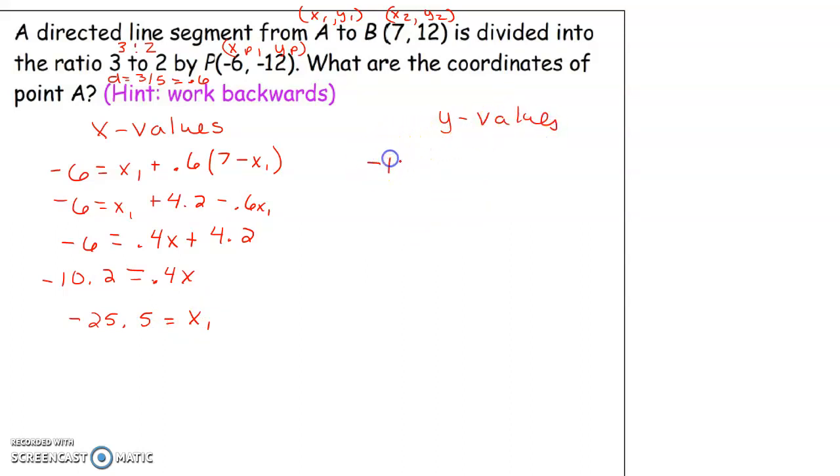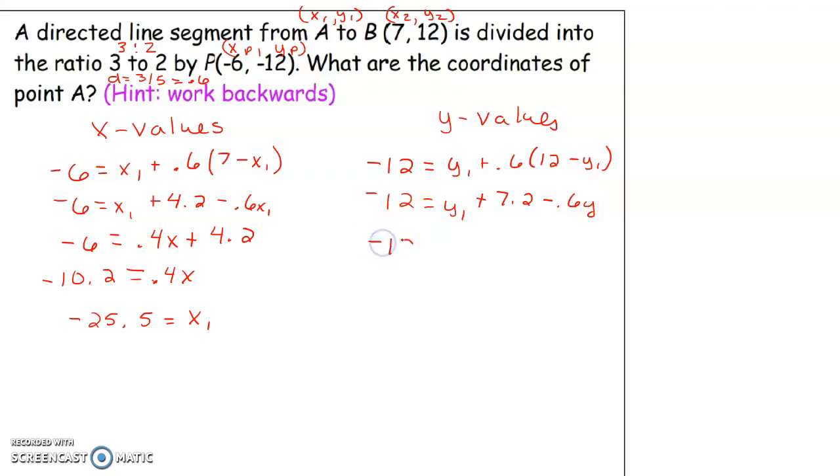I have a negative 12 as my partitioning point. I'm looking for y1, my distance times my rise, which is my y2, minus my y1 that I'm looking for. I'm going to distribute using my calculator.